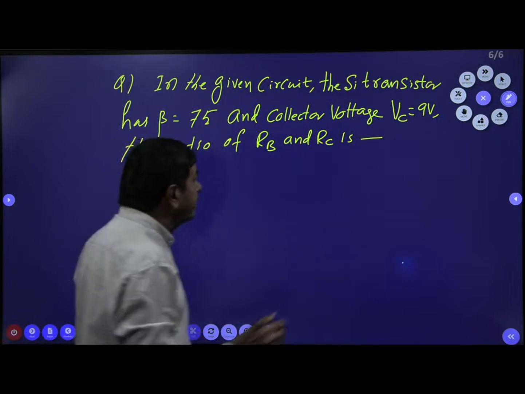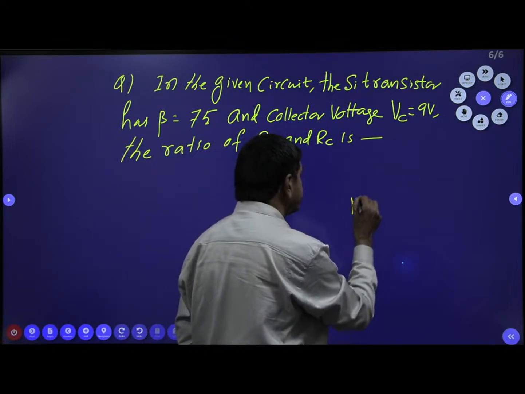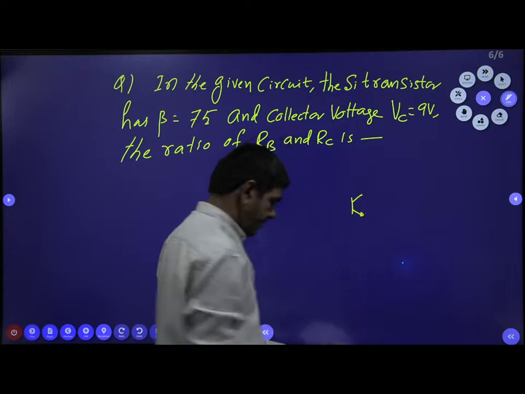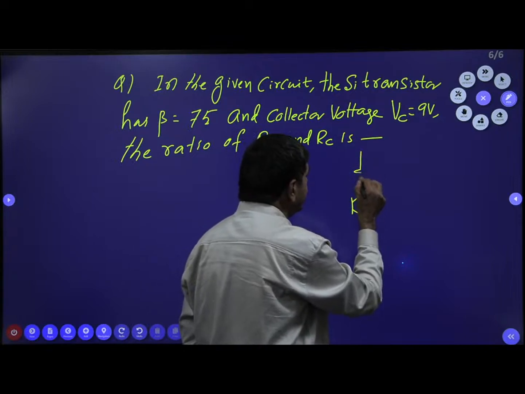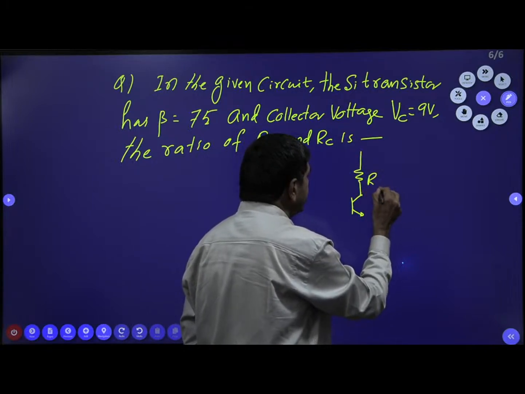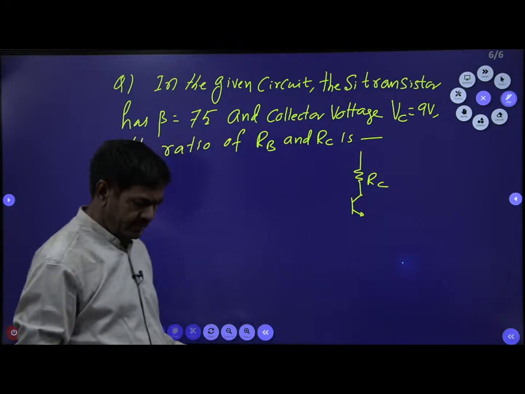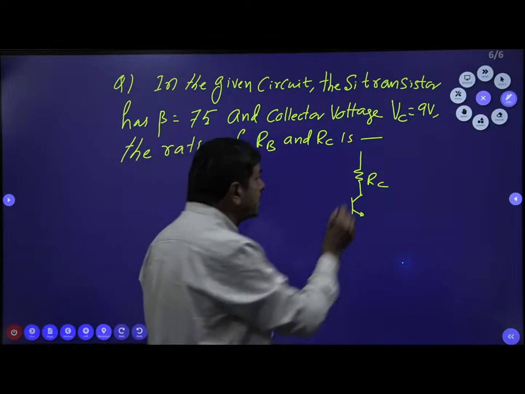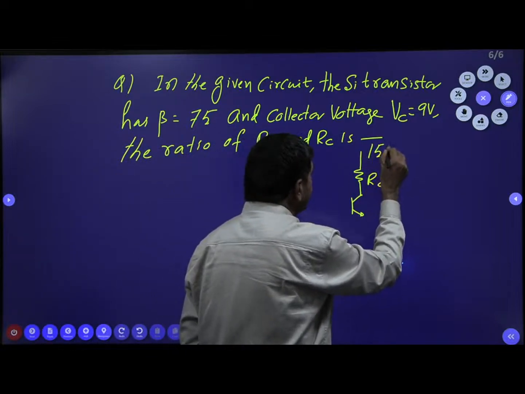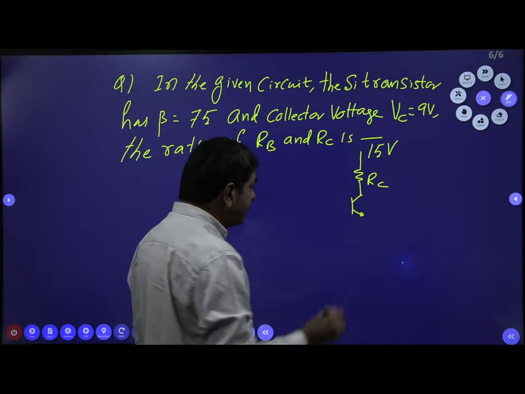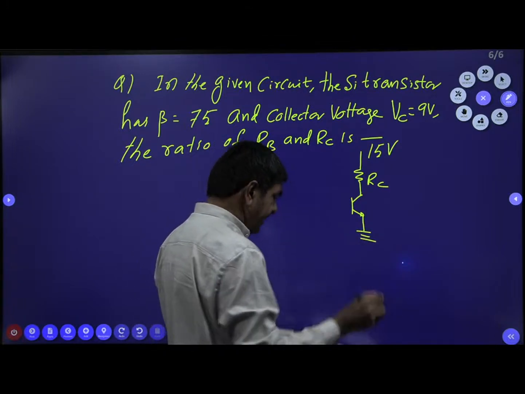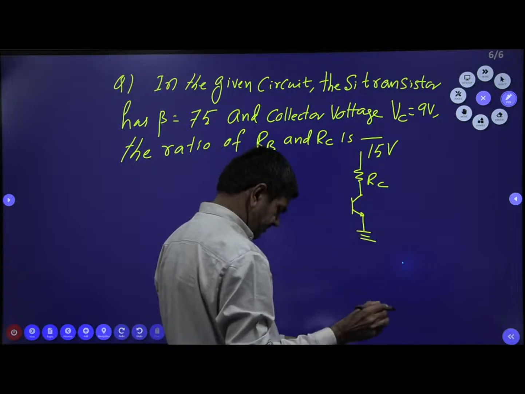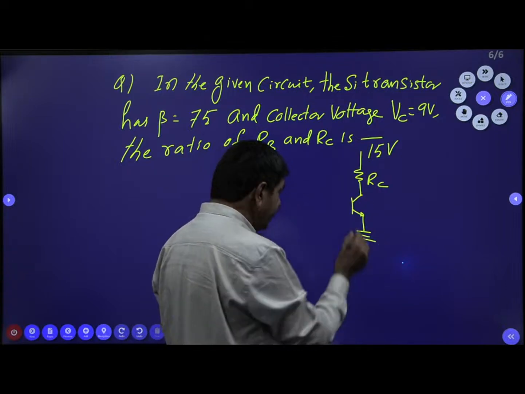The given network is a transistor with RC here, also connected with a source voltage of 15 volts. The emitter is connected to ground, and here RB is connected.